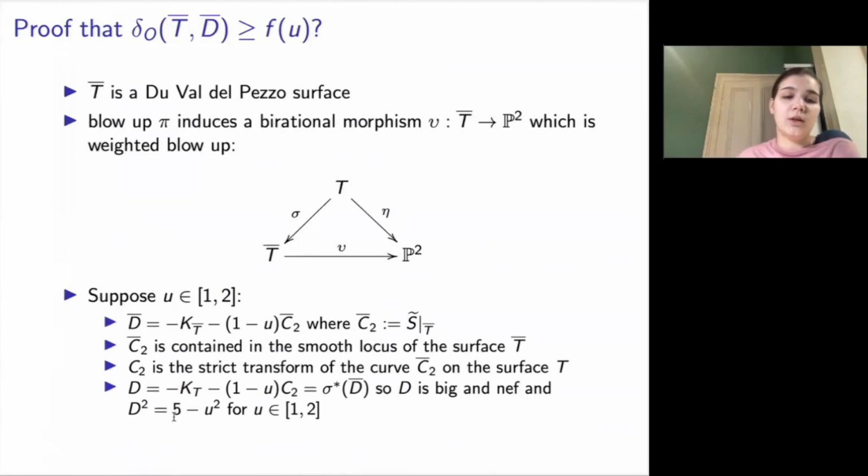Then we can rewrite our polarization as D, which will be minus K_T minus (1 minus u) C2.